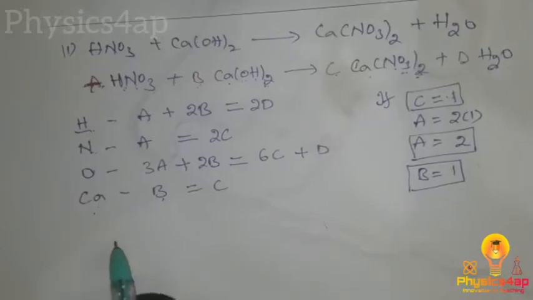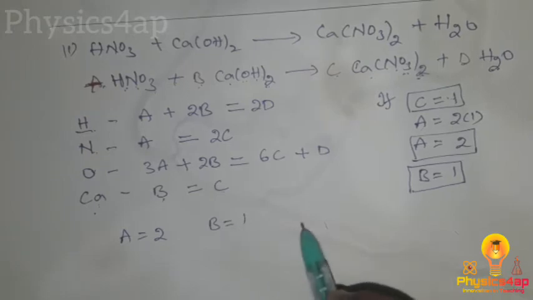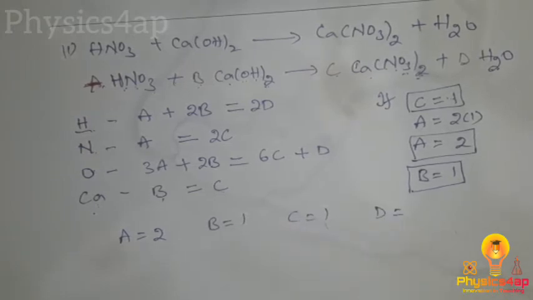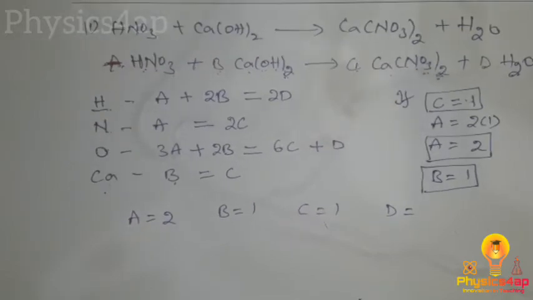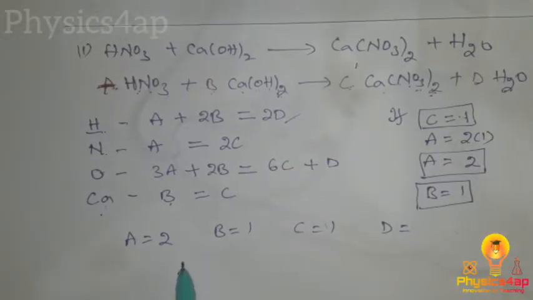Now we got A value as 2, B value as 1, C value as 1, and we need the D value. How can we get the D value? Simple, by substituting the A, B, C values in any of these equations. Let us take the first equation: A plus 2B is equals to 2D.